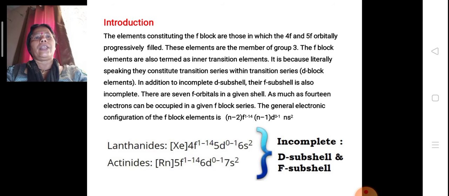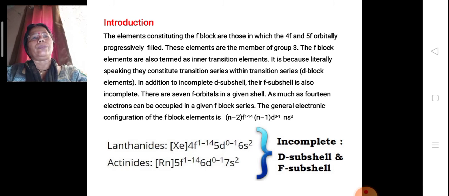In addition to an incomplete d subshell, their f subshell is also incomplete. There are 7 f orbitals in a given shell. As many as 14 electrons can be accommodated in a given f block series. The general electronic configuration of f block elements is (n-2)f1 to 14, (n-1)d0 to 1 and ns2.